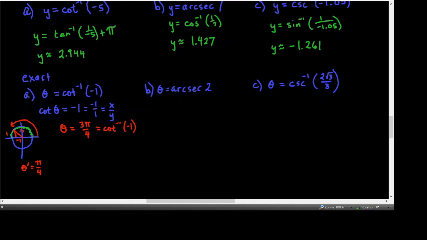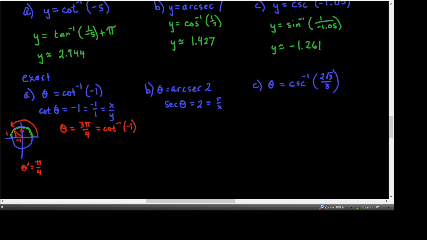Okay, maybe you're back now. So rewriting this without the arc part of the problem, without the inverse, that means that the secant of this unknown angle theta is 2. And I remember that secant is r over x.